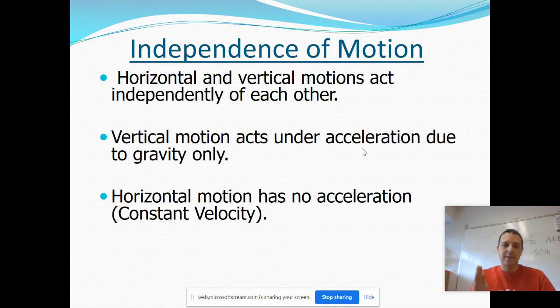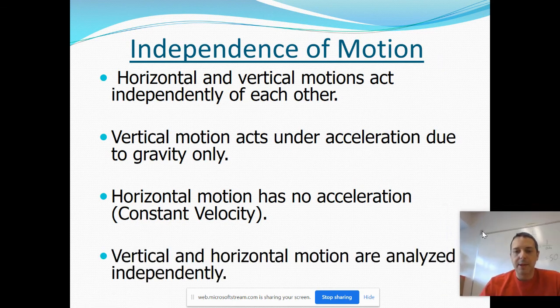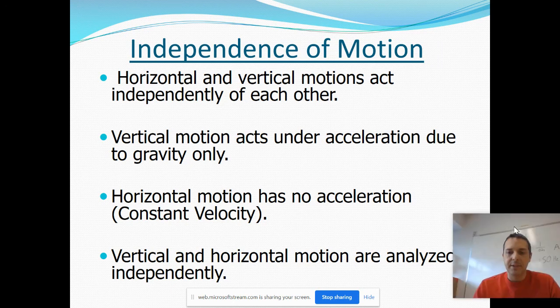Acceleration due to gravity acts vertically, so you have that vertical component. Whatever you're moving side to side is not impacted by how you're moving up and down. So it has no acceleration. All horizontal motion here is going to have a constant velocity. And this is what I mean when I say independence of motion, because our vertical and our horizontal components here are going to be analyzed completely separately.